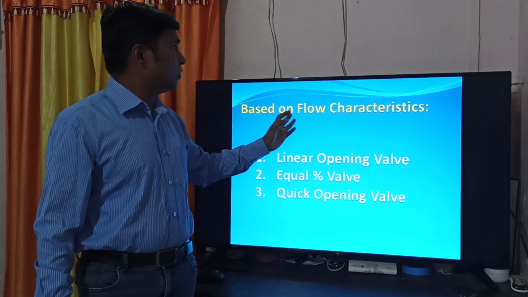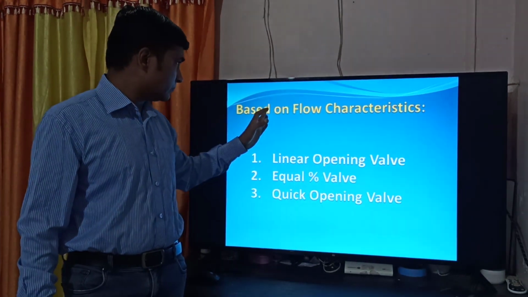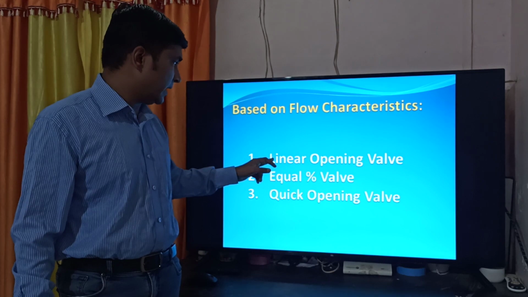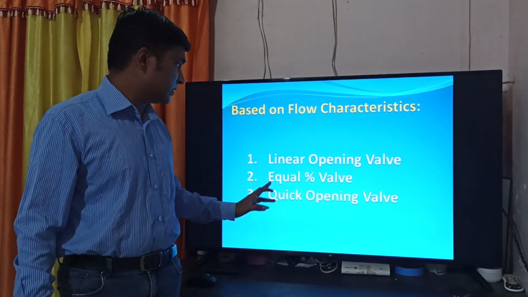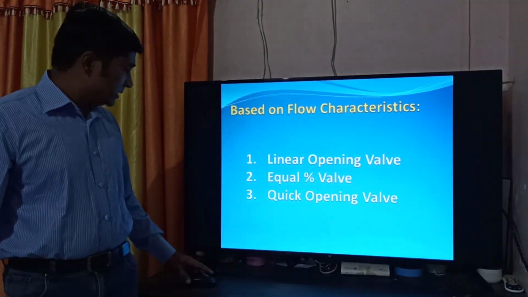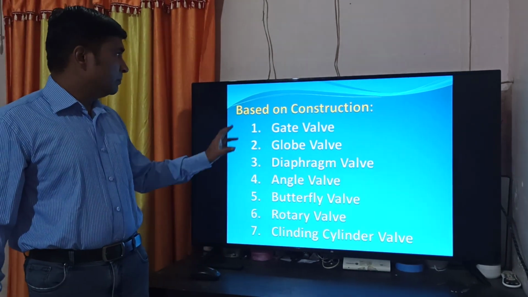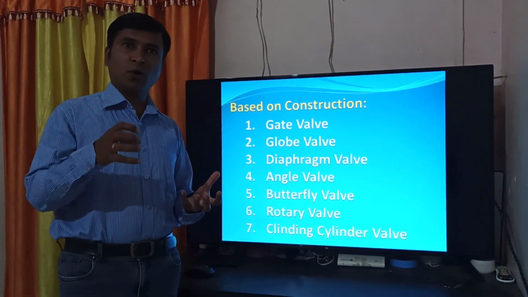So therefore, based on the flow characteristics, the valves are classified as linear opening valve, equal percentage valve, and quick opening valve. Third type of classification is based upon the construction of the valve.